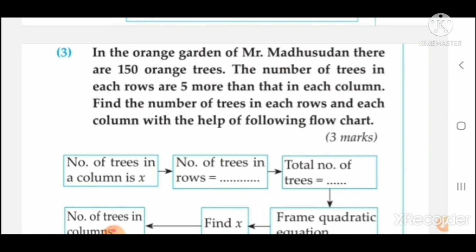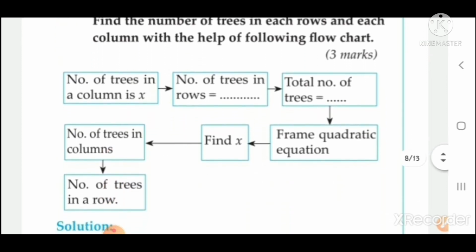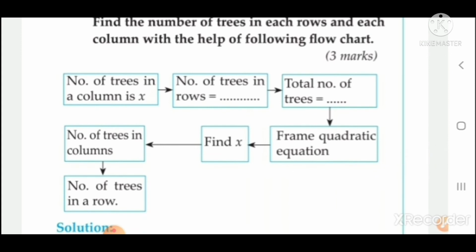The number of trees in each row is 5 more than in each column. Find the number of trees in each row and each column with the help of the following chart. Now this table which is given in the question is very important. See, they have already given you some hint in this question, and according to this hint you have to solve and get the answers for these boxes.